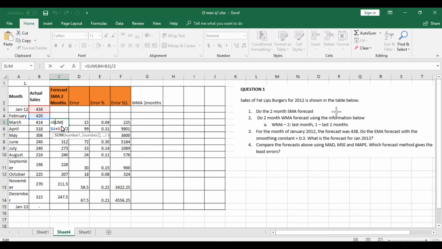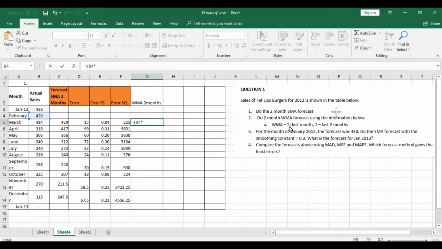As you can see, as I clicked on the box, it shows that I add these two and divide by 2. So now I am going to do wedge moving average for 2 months. The formula I already stated for you. I am doing it again, which is equal to the sum of wedge in period i times the actual value in i, divided by n. So in the previous period we have a wedge of 2.